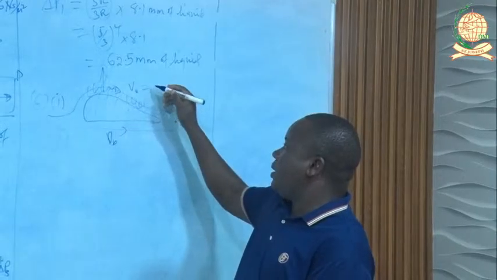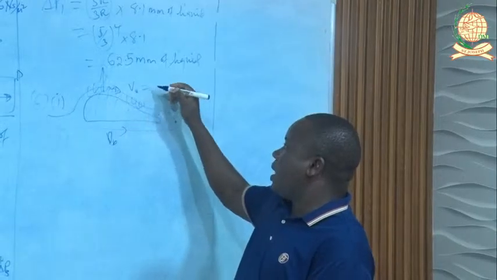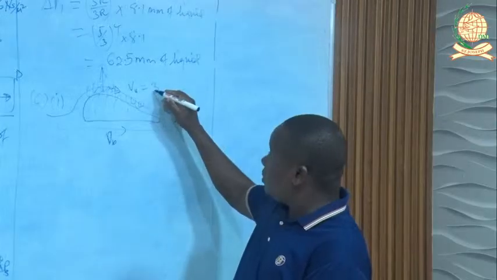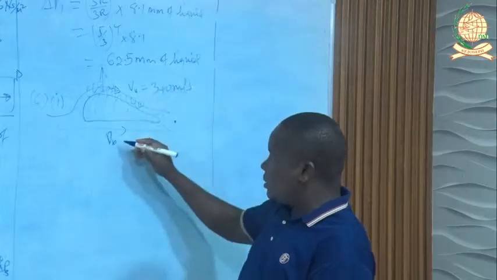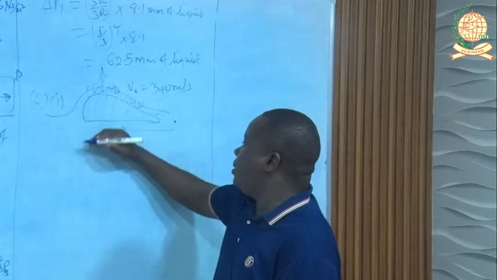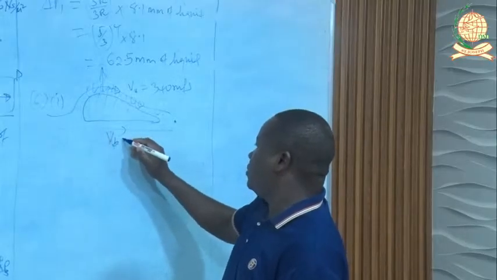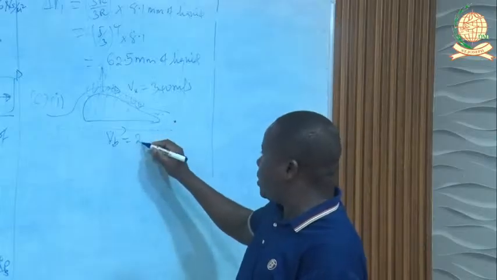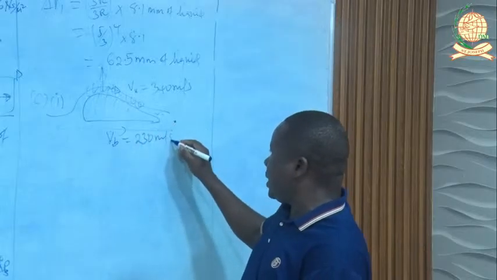In the upper, it is 340 meters per second, while below it is 230 meters per second.